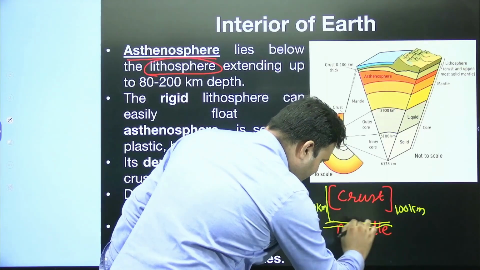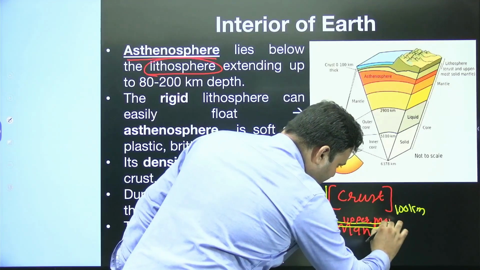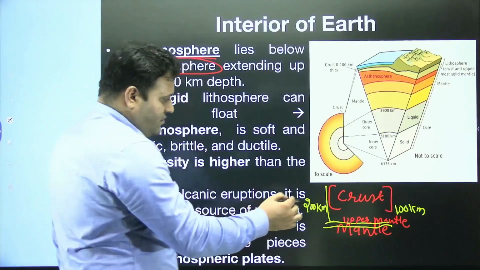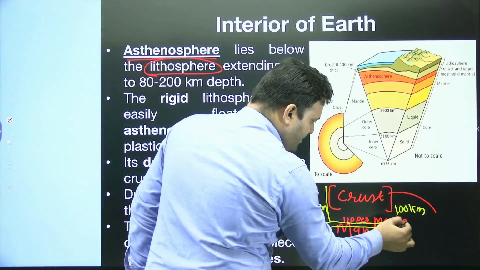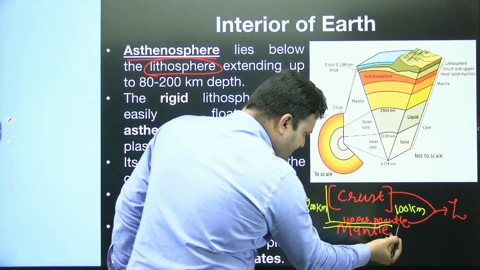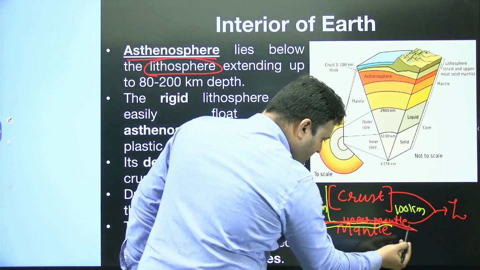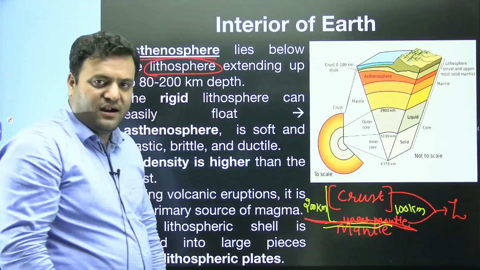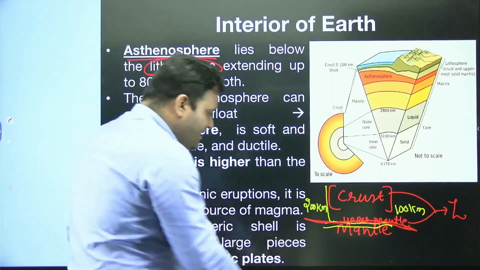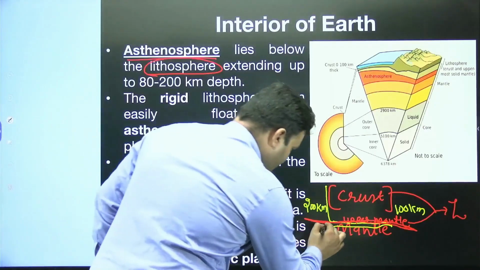So here we have a mantle, here we have an upper mantle, and this upper mantle and crust are part of lithosphere. So what we can say is that this entire lithosphere is actually on this upper middle mantle part, and this upper middle mantle part is basically asthenosphere.